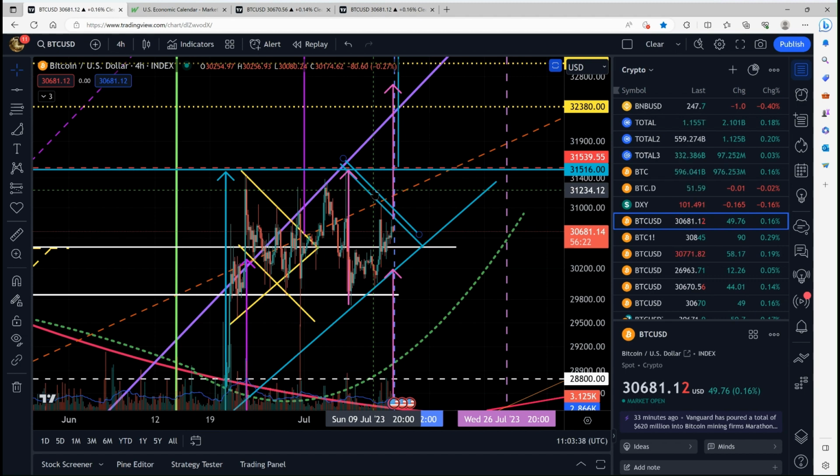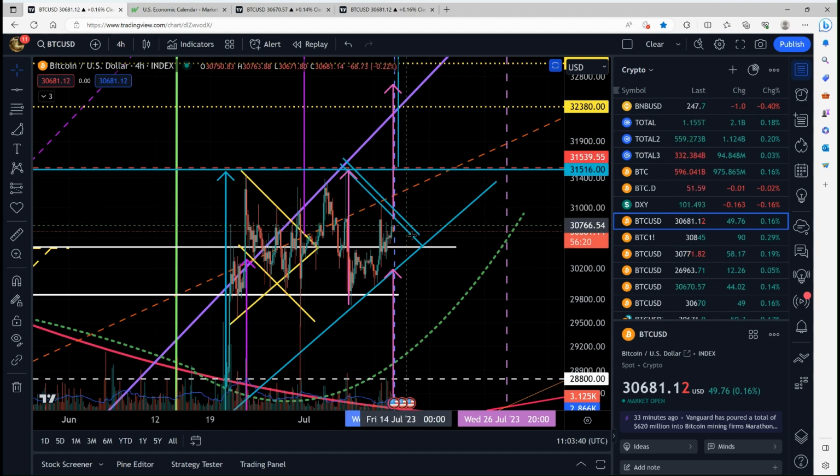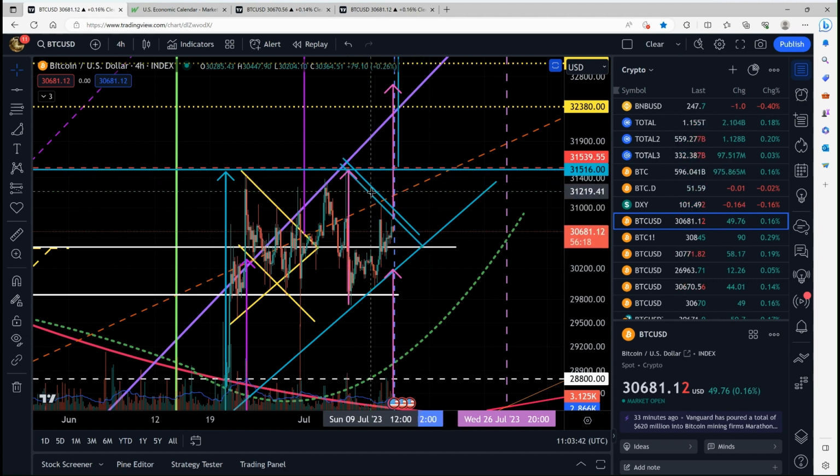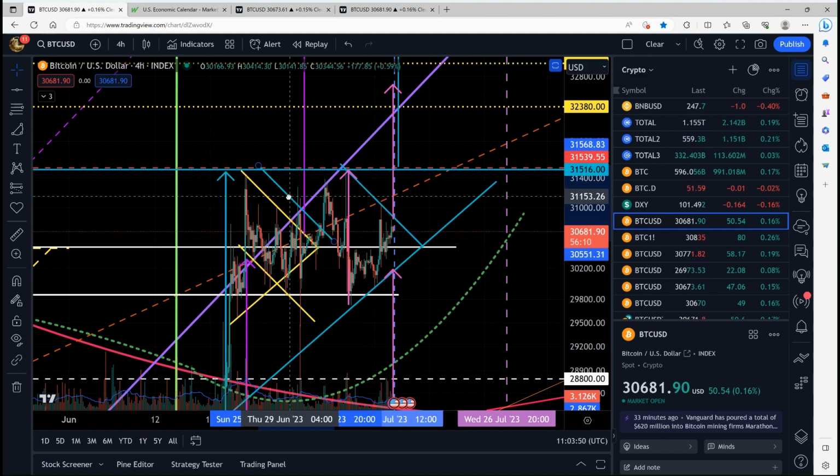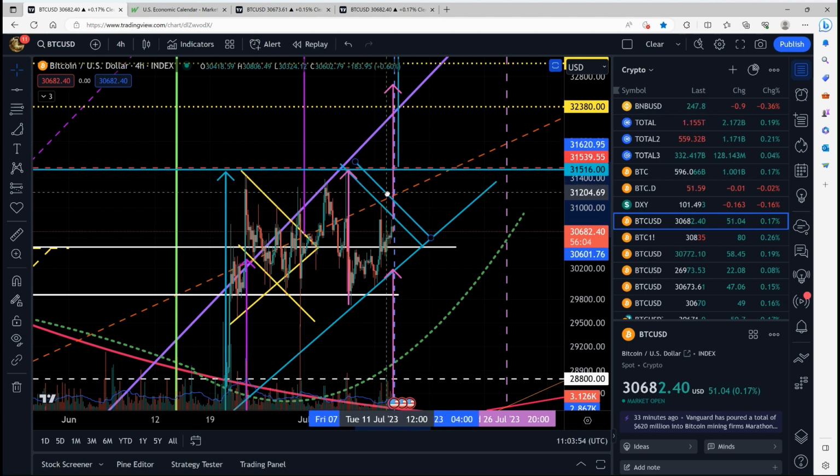And to show this, I have this parallel line right here that I cloned off of the top of the triangle here. And I will pick that up and I will drag it over here so that you can see that this is, in fact, an exact replica of the previous triangle.